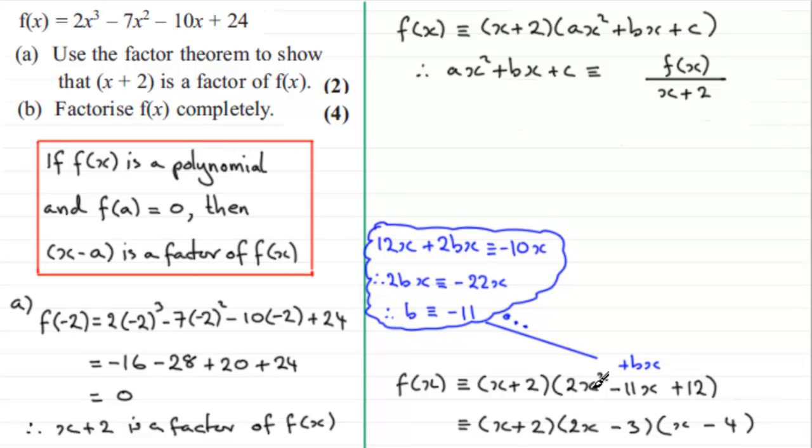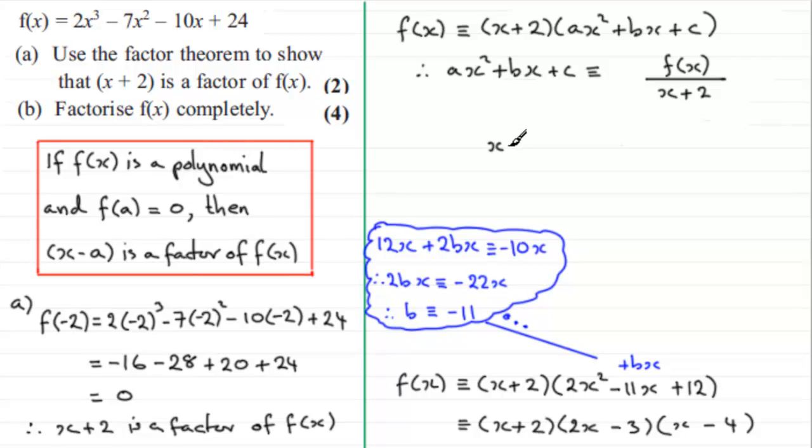Now I did say that you could get this quadratic factor by algebraic long division. So I'm assuming that you're familiar with algebraic long division. If not, you can always go on my website, ExamSolutions.net, and look at the tutorials for algebraic long division. But we'll just run through this here, just in case you did want to do it this way.